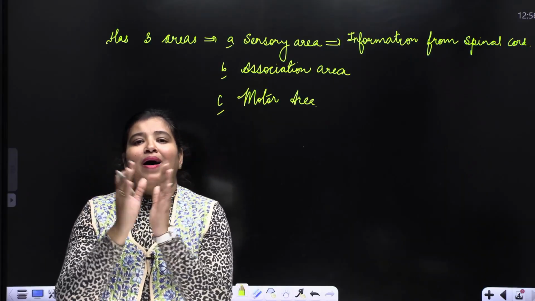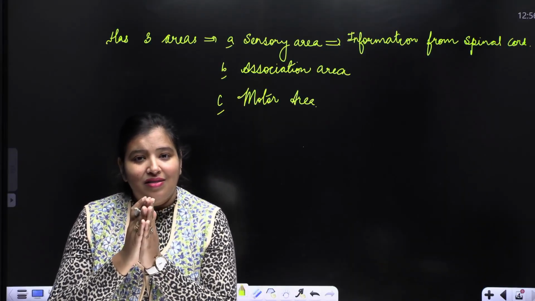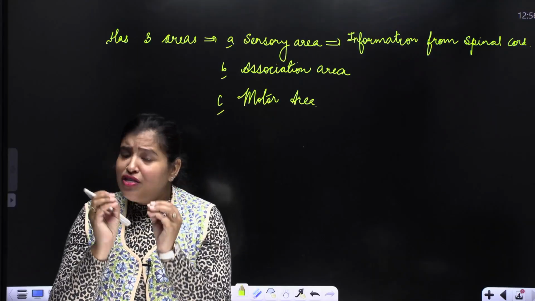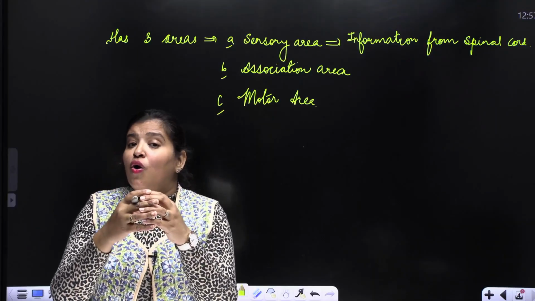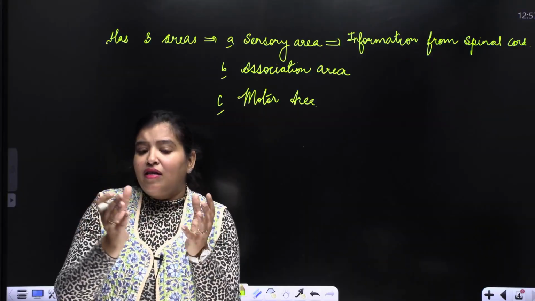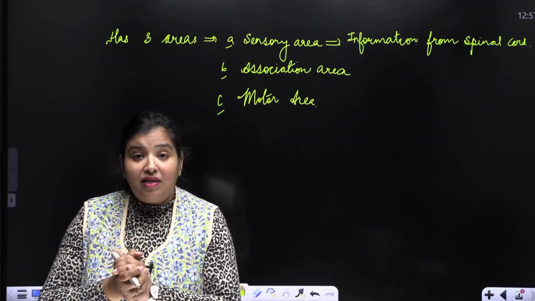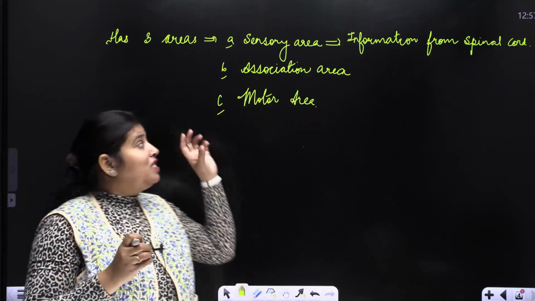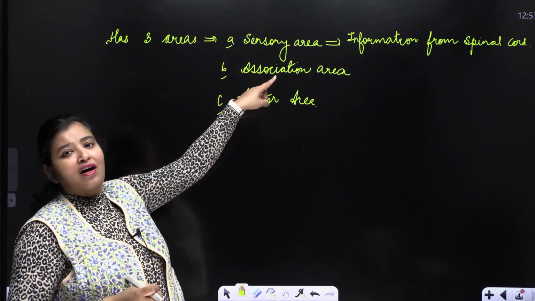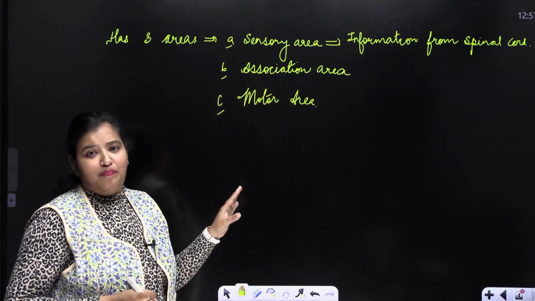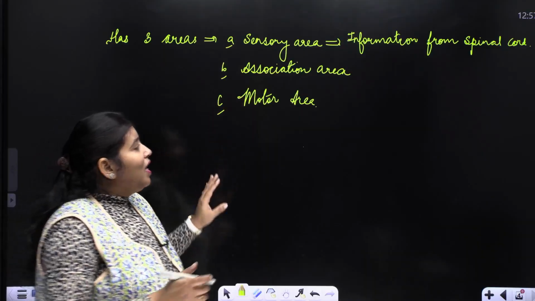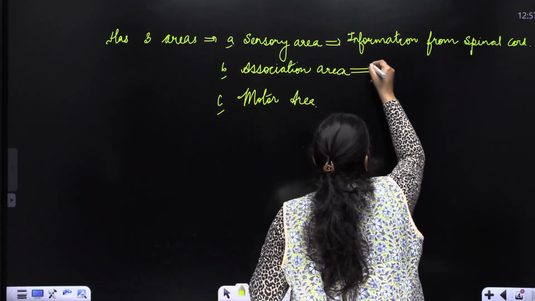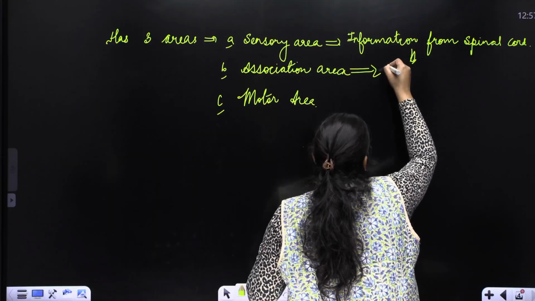But both their palms are hurt. There is some level of injury because the duration was a little more and the heat was not expected. So this information is sent to the sensory area of the brain. Now, the information which has been received here is stored here.